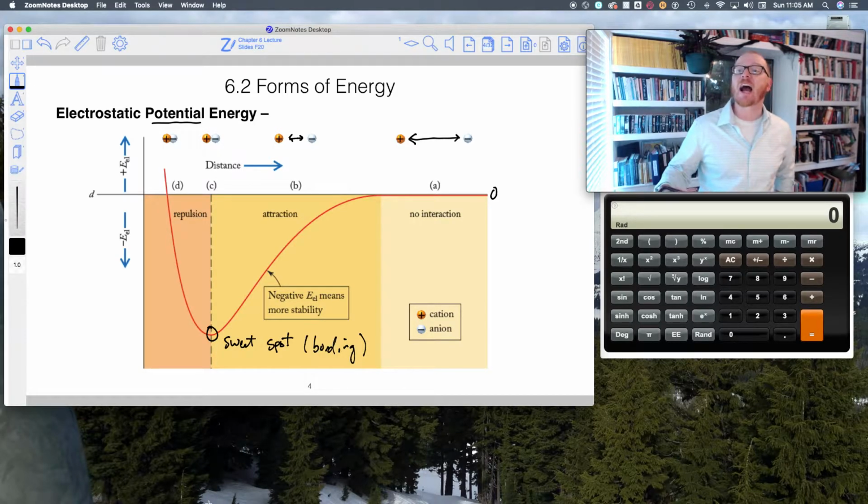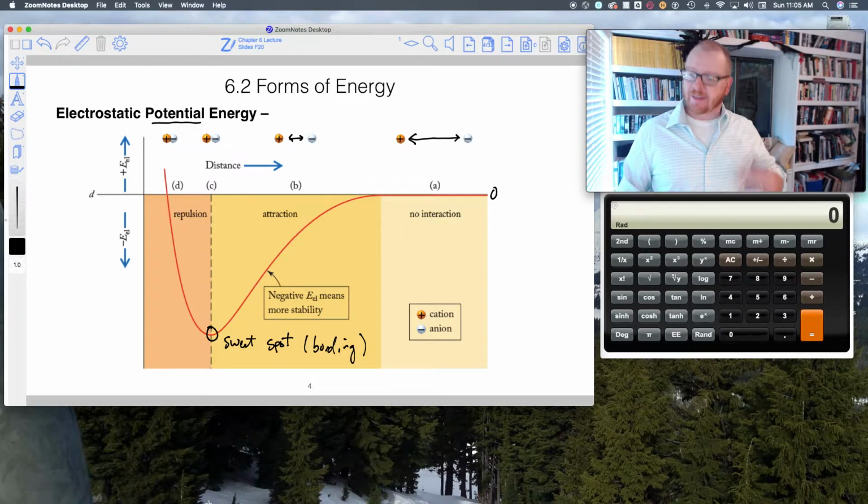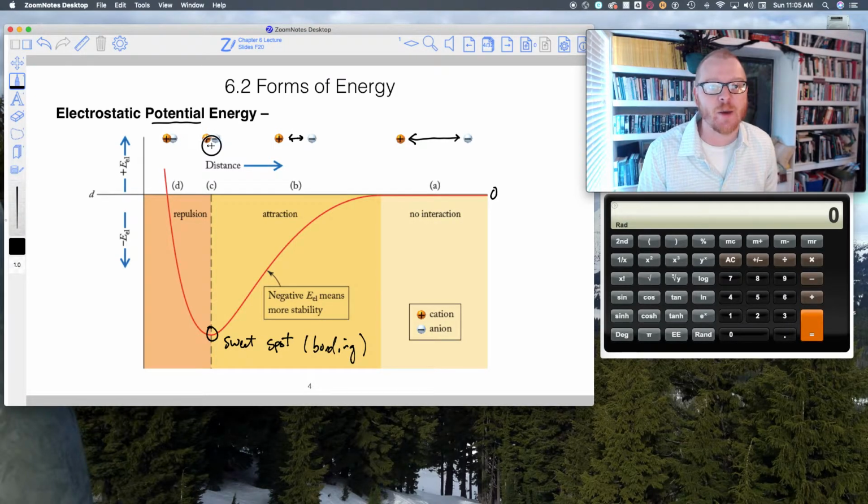If this were an ionic compound, a cation and an anion, this is the distance those things would exist. Whatever this distance is, whatever that bond distance is, it would give us how far apart those things are based on their electrostatic potential.